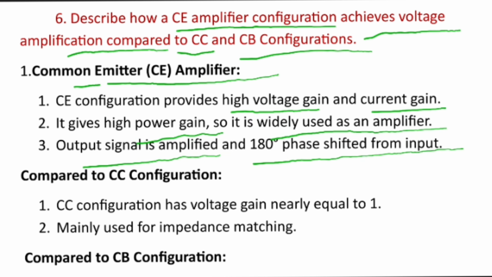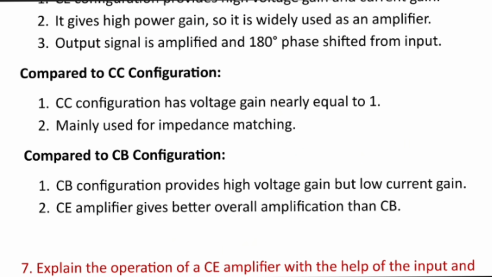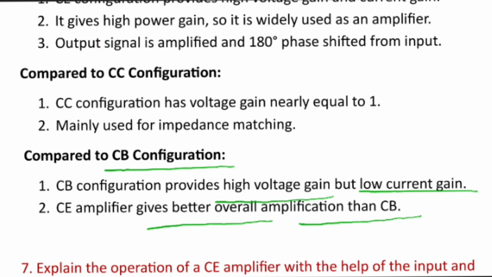Compared to the CC configuration, the CC has voltage gain near equal to 1 and is mainly used for impedance matching. Compared to the CB configuration, which provides high voltage gain but low current gain, the CE amplifier gives better overall amplification than the CB.